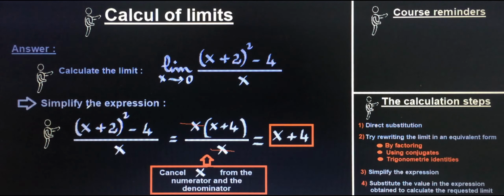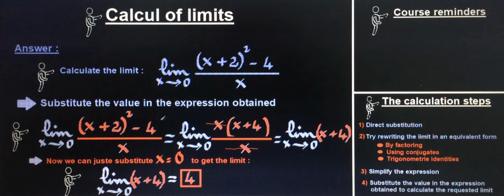Step number 3. Simplify the expression by cancelling x from the numerator and the denominator, and the expression x times x plus 4 divided by x becomes x plus 4. Step number 4. Substitute the value in the expression obtained.